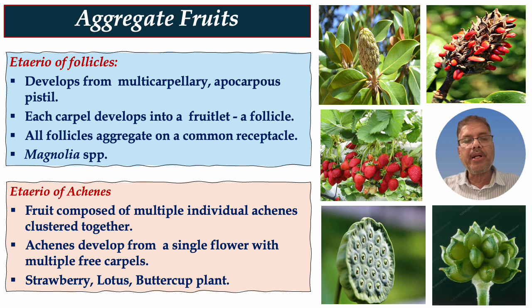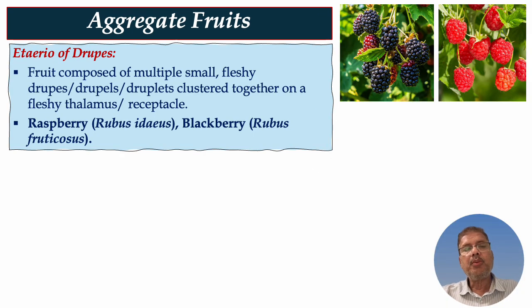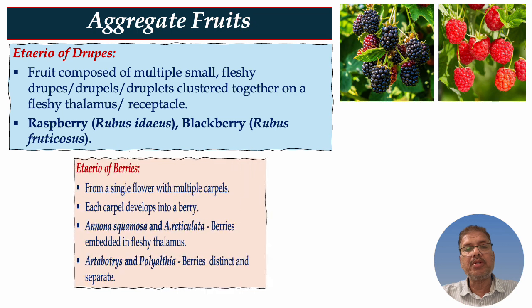Examples are strawberries, lotus, buttercup plants, etc. Etaerio of drupes is an aggregate fruit composed of multiple small fleshy drupes, drupels or druplets clustered together on a fleshy thalamus or receptacle. The examples are raspberry, that is Rubus idaeus. Each small juicy lobe of the raspberry is an individual druplet. Another example is blackberry, that is Rubus fruticosus.